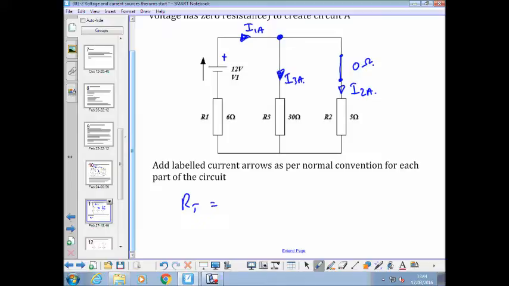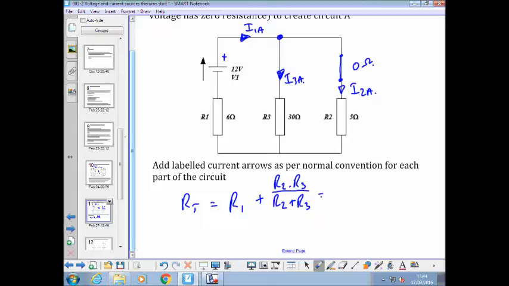Go for it. That's R1. That's in series with those two in parallel. So it's R1 plus R2, R3 over R2 plus R3. It's going to calculate that all in one go.